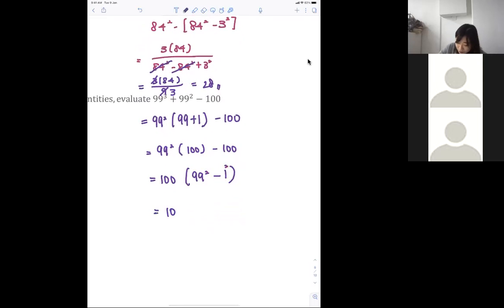So the 100 I put outside first. We have a square minus b square. So a plus b. I highlight for you a and b. A plus b, a minus b. So 99 plus 1 is 100. 99 minus 1 is 98. So you put all of them together. 2020, you got 40.